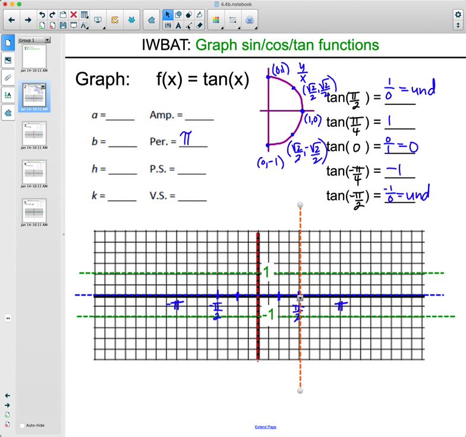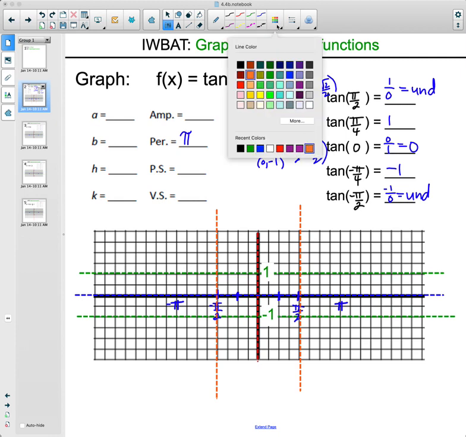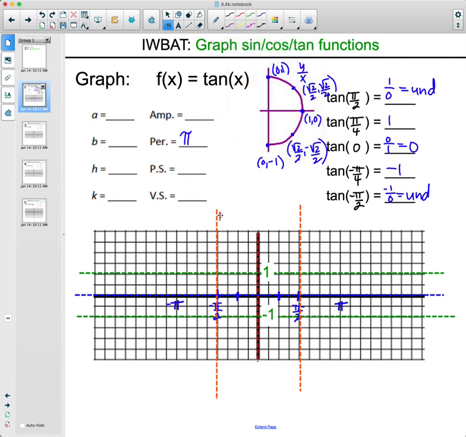And then we have another asymptote at negative pi over 2. Now this is going to just keep repeating itself, this same distance here. And this distance here is the period because the period is just going to do the same thing every time. So this distance right here is pi. So every 8 boxes in this case, you're going to have an asymptote.